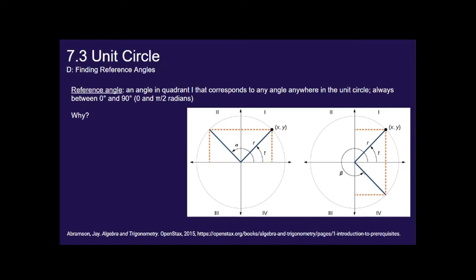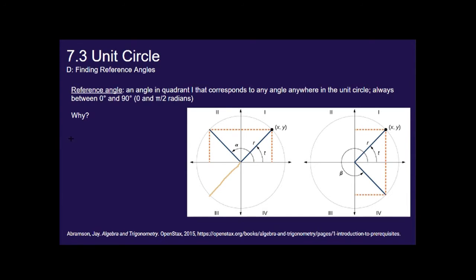In quadrant 4, there's an angle that corresponds to an angle in quadrant 1 that would have the same x value and the opposite y value. And if we extrapolate that out, there would be an angle in quadrant 3 that would have a corresponding angle in quadrant 1 where the x and the y would be the same value except they would both be opposites.